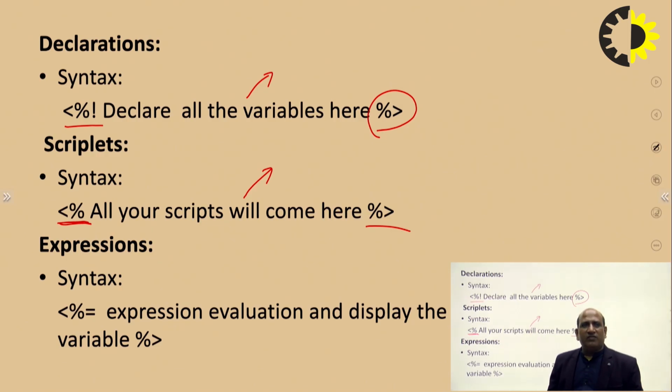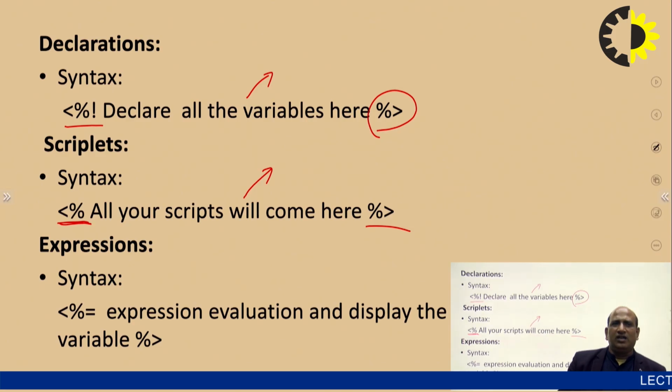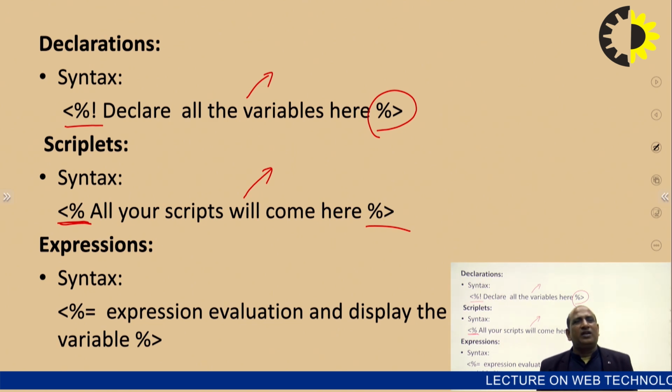So what effect will there be? The scope of the content is different. If you have written some code within a method, then that code may be accessed within that method only. If it is written outside any method, the scope of that code expands. So the declaration tag has higher scope than the scriptlet tag.